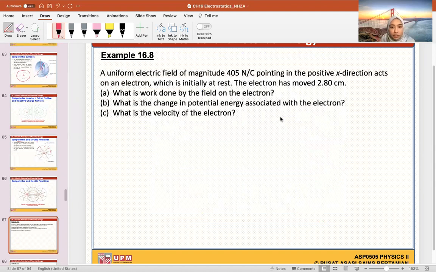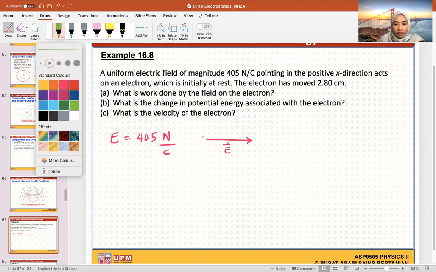So a uniform electric field of magnitude 405 Newton per coulomb. So we have our E, which is 405, pointing in the positive X direction. So our E is pointing this way. This is our E. It acts on an electron, which is initially at rest.